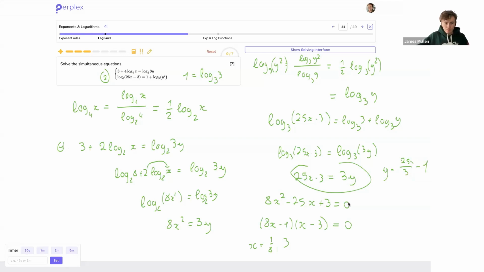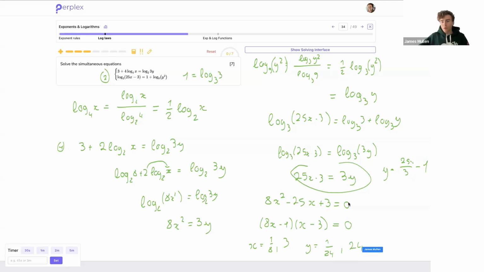I have 25 times 1 over 8 over 3. That's 25 over 24 minus 1, and 1 is 24 over 24. So that means that y is equal to 1 over 24. Or if x is equal to 3, then 25x over 3 is just 25, and minus 1 gives me 24.